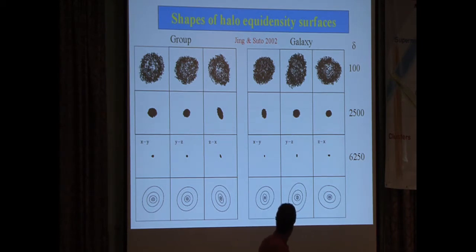So these are a couple of examples of two dark matter halos. This one represents a galaxy group, this an individual galaxy, so this is a few times 10 to the 13 solar masses, a few times 10 to the 12 solar masses. And what's been done to make these plots is to try and construct equidensity surfaces inside the dark matter halo. So what they did is they went to each dark matter particle in their simulation.